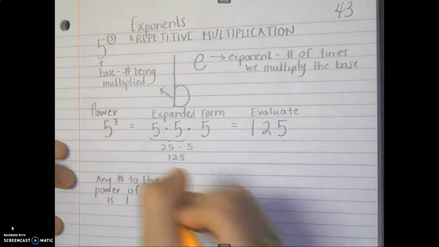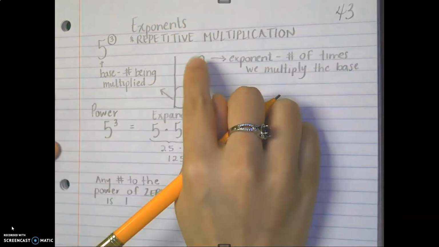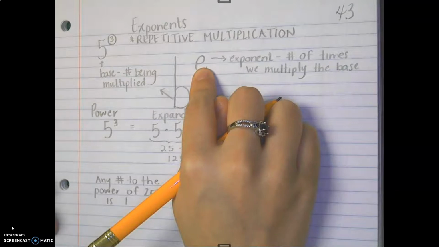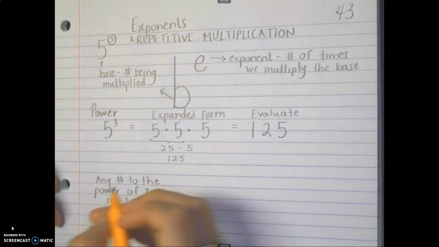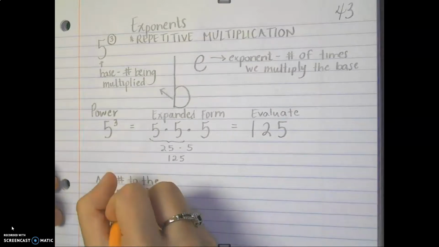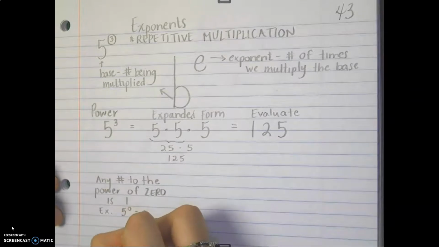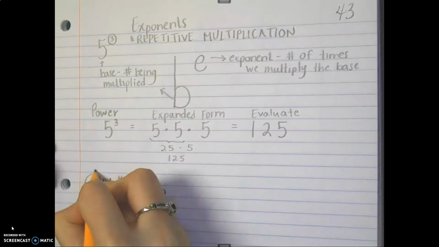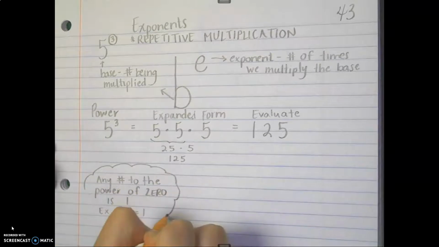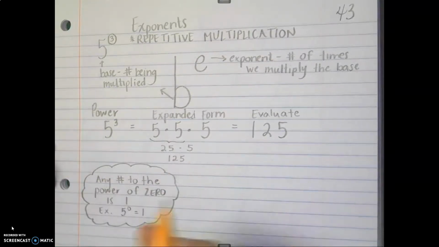So no matter what your base is, no matter what this number is, if you have an exponent of 0, that means it's going to equal 1. So for example, 5 to the power of 0 equals 1. And I'm going to make that in a cloud because that's just a rule that we need to remember. Any number to the power of 0 equals 1.